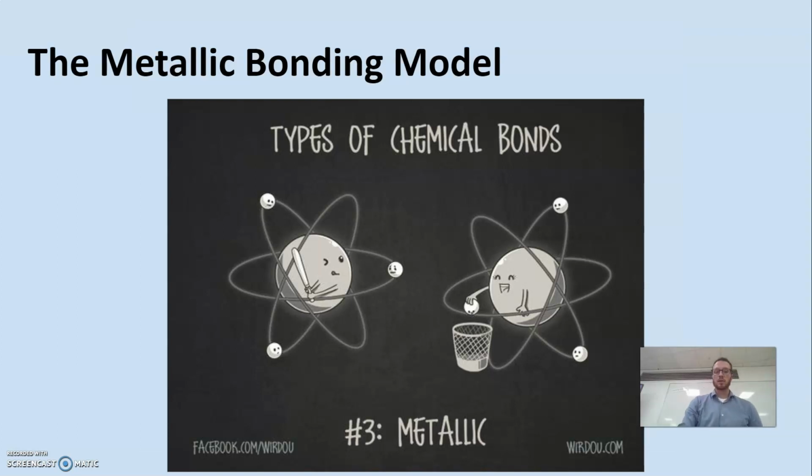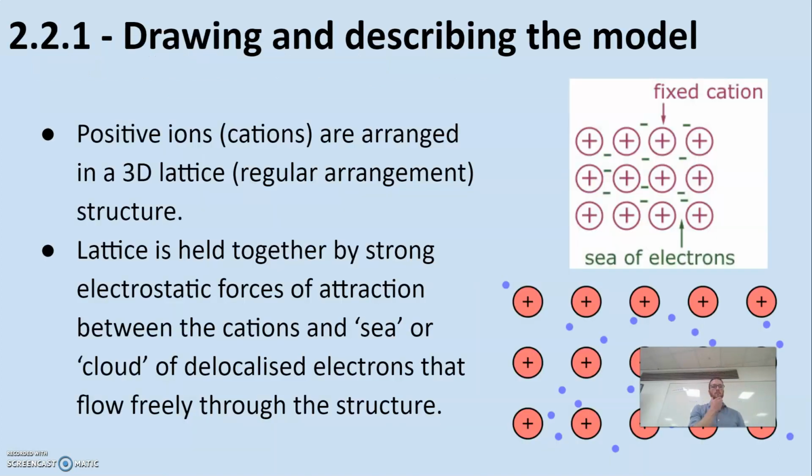So let's now look at the metallic bonding model. To draw and describe it, there are two main components to the model. It's a three-dimensional lattice, much like an ionic compound, except slightly different. I want you to imagine a box of oranges and how you might stack oranges.